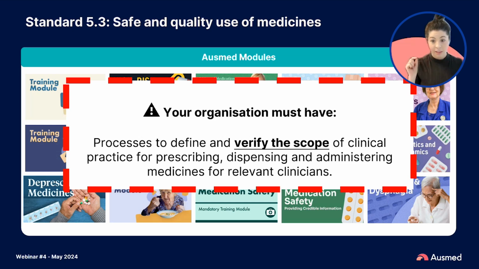I've taken this specific line directly from the evidence mapping framework, and it says your organisation must have processes to define and verify the scope of clinical practice for prescribing, dispensing, and administering medicines for relevant clinicians. So education goes part of the way. Make sure that aligns with your good systems and processes to ensure that we do have the safe and quality use of medicines.